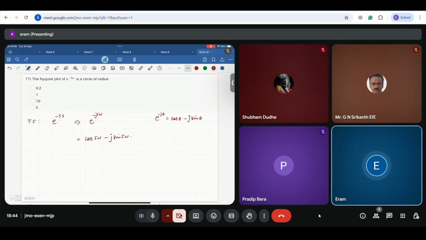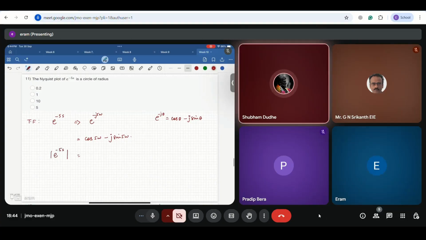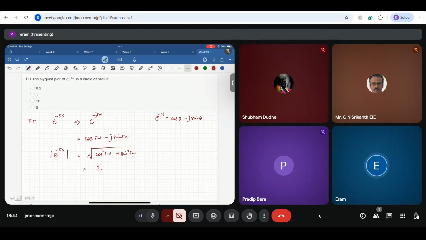Now if you find out its magnitude, what will be the magnitude of e to the power minus 5s? It is the square root of cos square 5 omega plus sine square 5 omega. And what is cos square plus sine square? It is going to be 1.